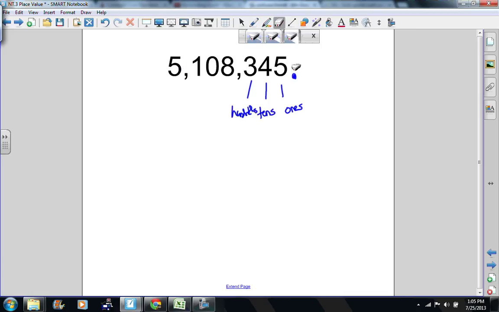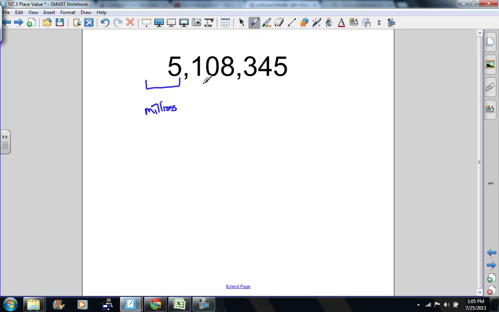Okay, and if you notice that these are all broken up into groups of 3. So when we look here, there are 3 numbers here. These are the millions. These groups are the thousands, and these are the hundreds.